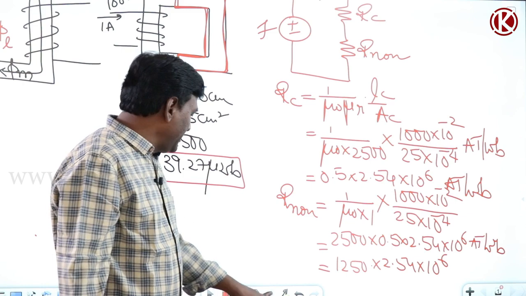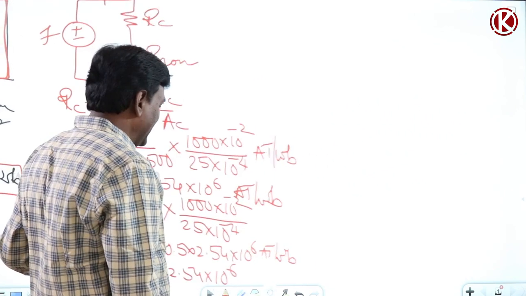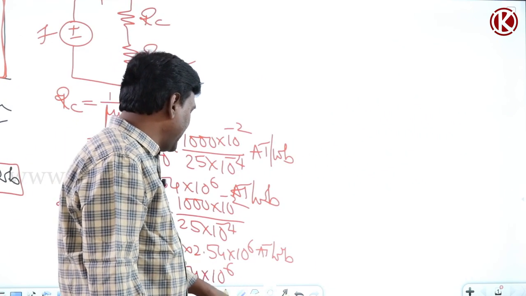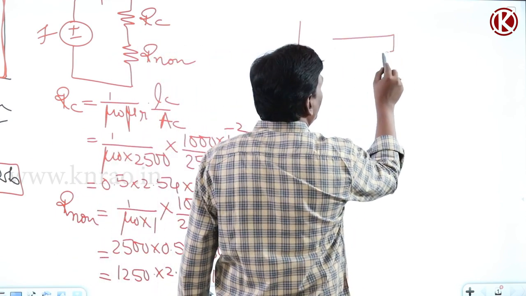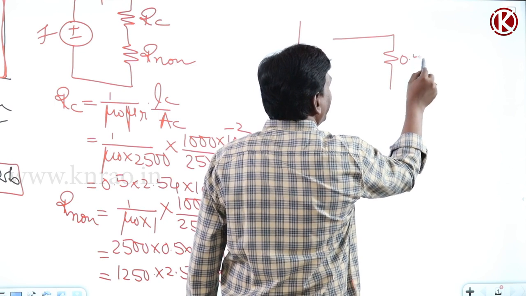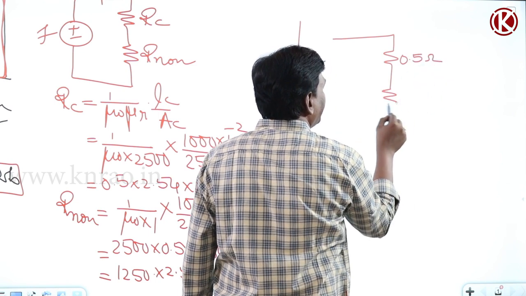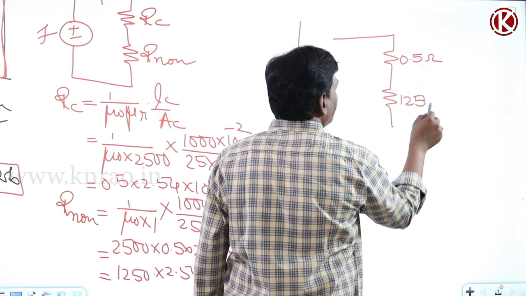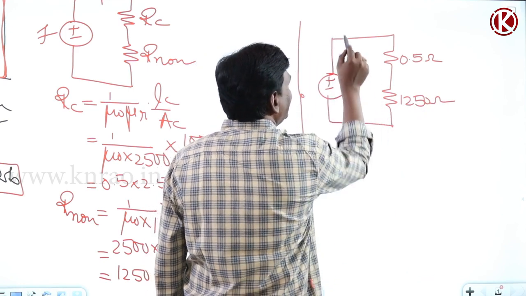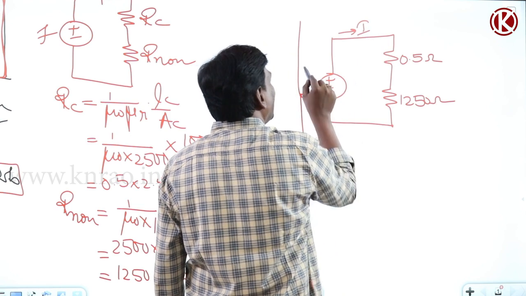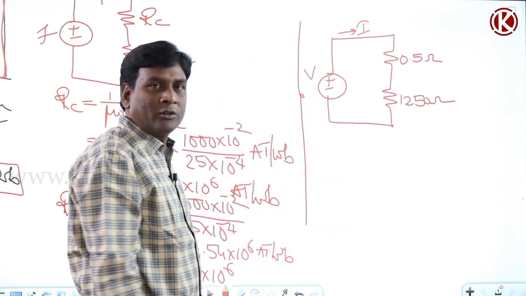Now let me take one example in our network theory. For example, if I have two resistances of 0.5 ohm and 1250 ohm, and the current is I, and I would like to calculate the voltage.